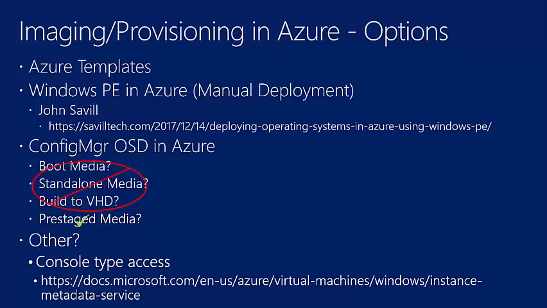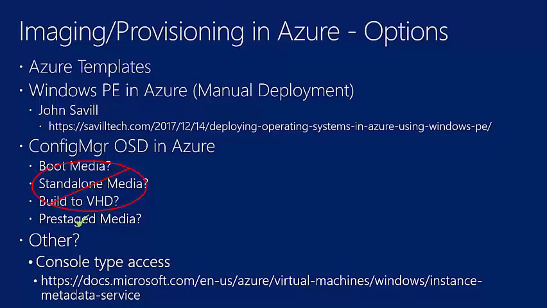Let's take boot media and convert it to run from a hard drive, your VHD itself. And that's not supported either, right? So boot media is really not an option, but let me put an asterisk there, right? Standalone media, for the same reasons, not an option, right? Because we really don't support running standalone media from the hard drive. It's intended to run from USB or ISO file, and same challenges there, right? Put an asterisk there too.